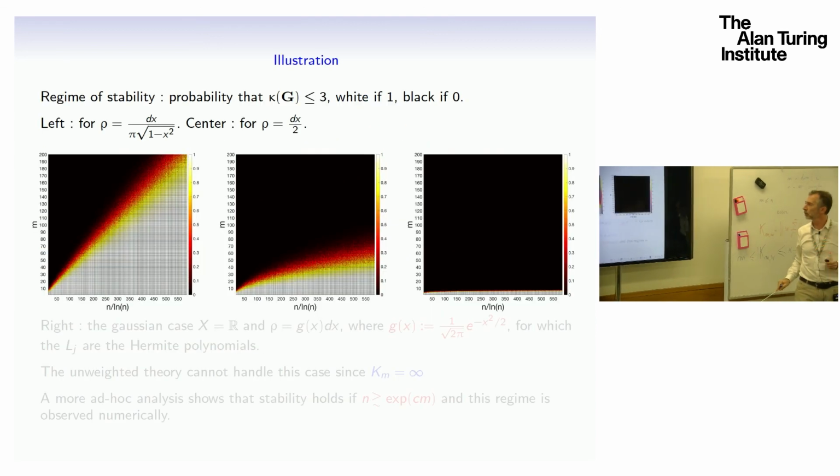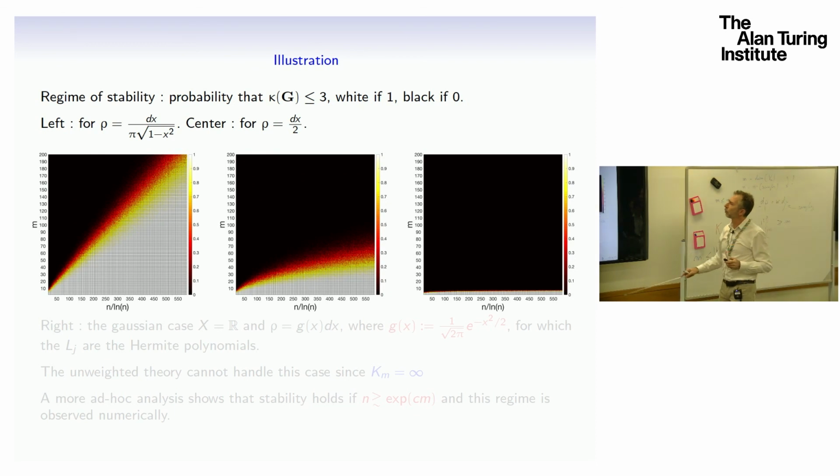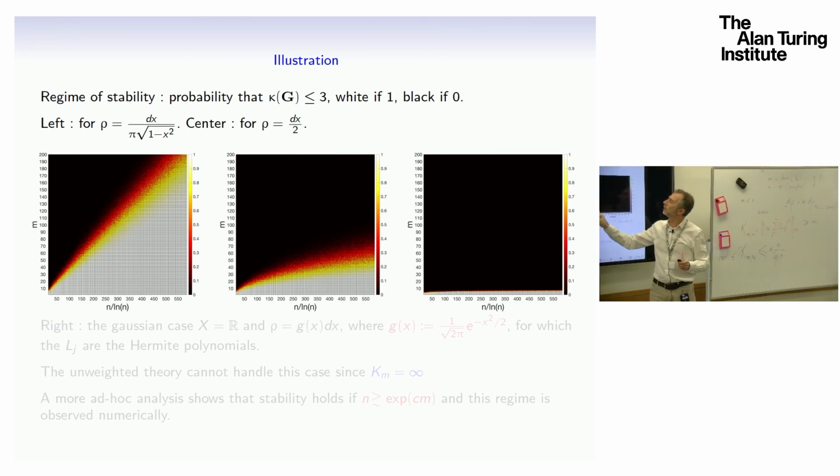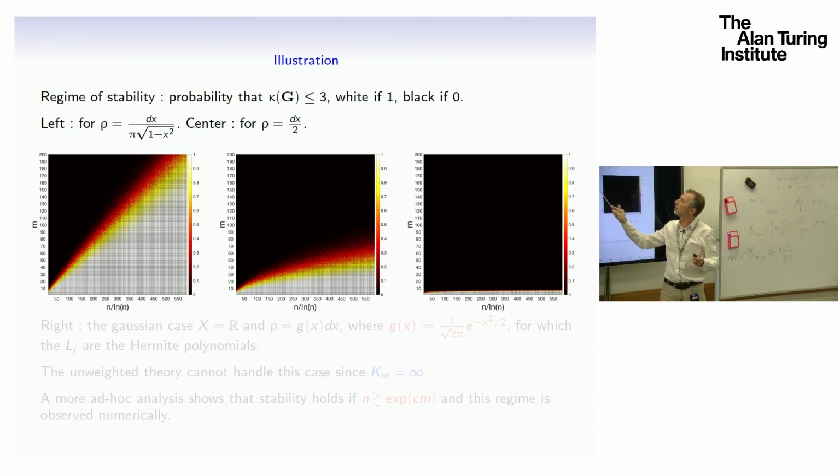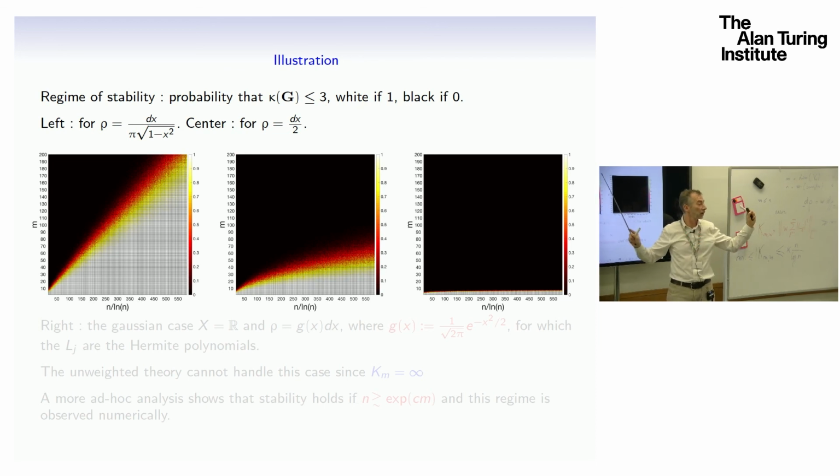And this is confirmed numerically. So for example, this is just 1D here, and we are looking at the probability empirically that the condition number is less than 3, which reflects the fact that you deviate by 1/2 from the identity.